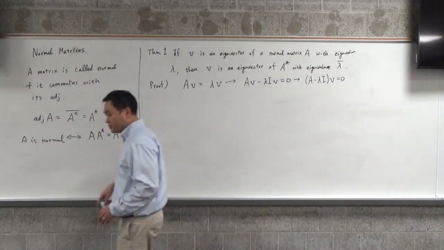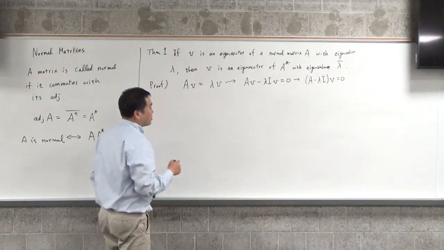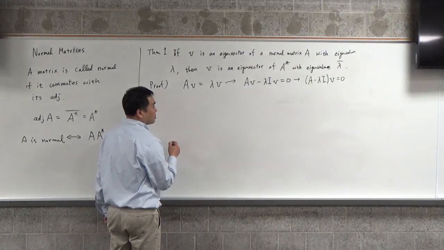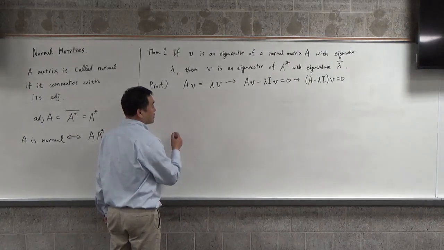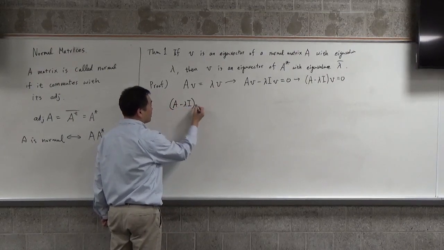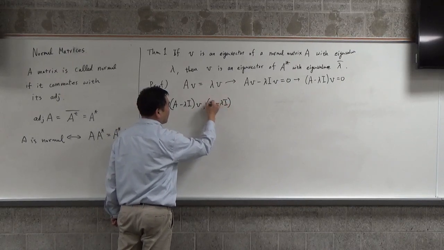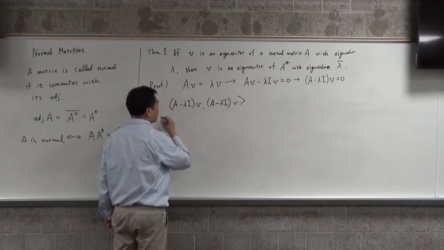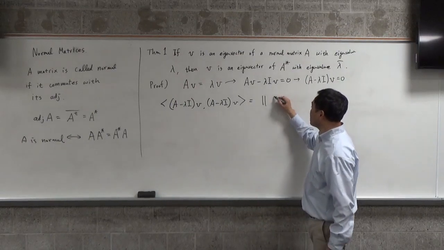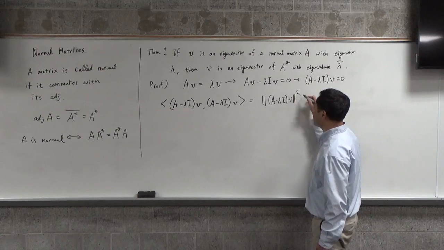And then we now use the following fact: if I take (A minus lambda I) v, inner product with itself, that would be the norm of (A minus lambda I) v squared, right?